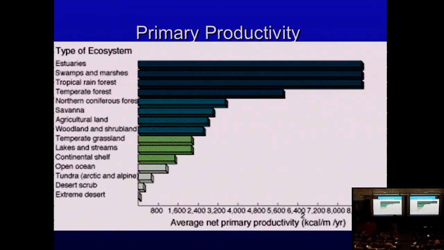However, if I show you this same graph, but now instead of looking at average per meter square, so you're saying, okay, 1 square meter of estuaries is responsible for 9,000 kilocalories per square meter per year. Now I show you overall, multiplying this by how much of each of these environments are around.